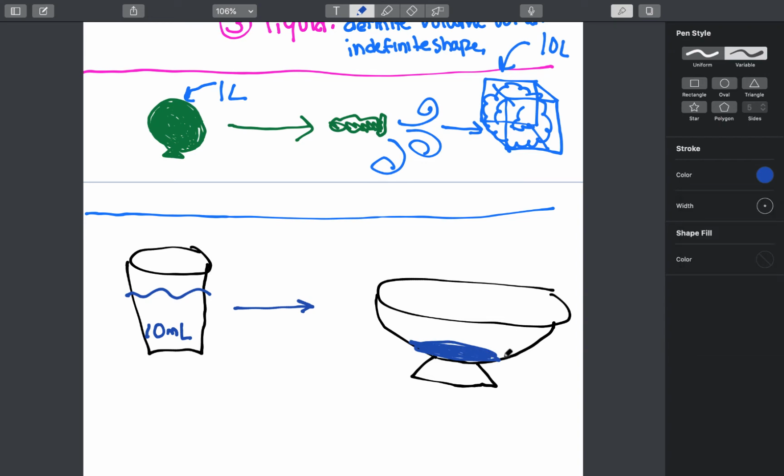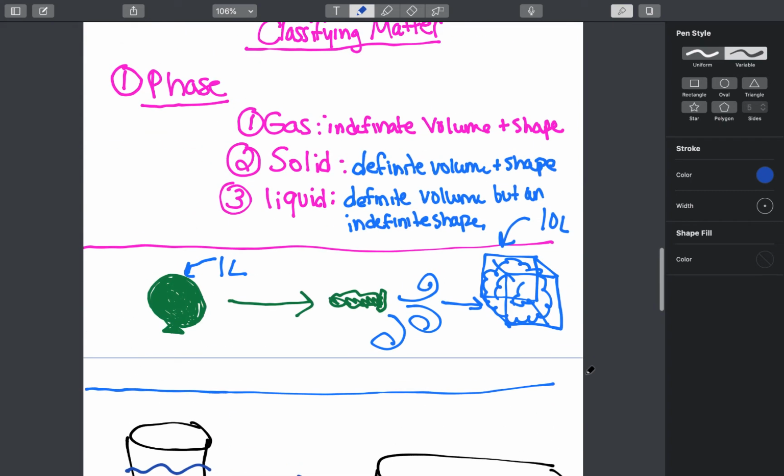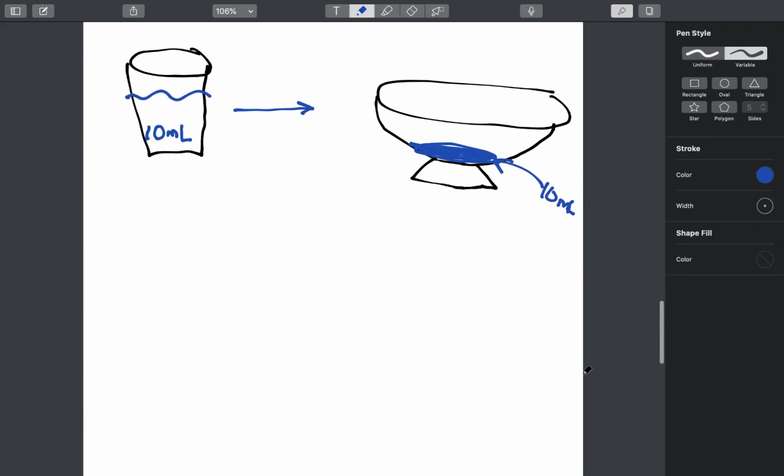So the shape is indefinite for water, but its volume is the same. 10 milliliters of water was in the cup, and when 10 milliliters of water was poured into the bathtub, 10 milliliters of water is in the bathtub. So therefore, liquids have a definite volume but an indefinite shape.